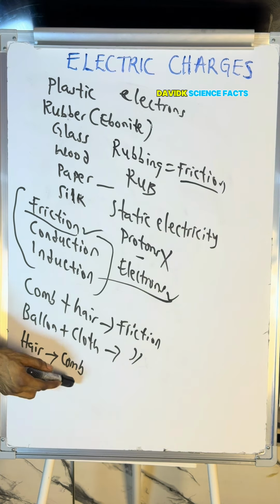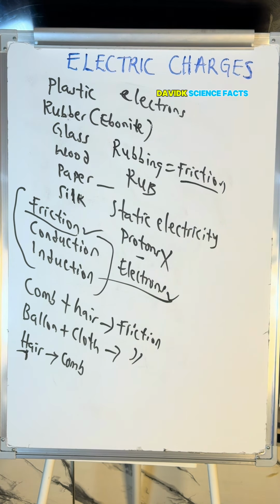Now, the comb gains electrons while the hair loses electrons. The comb becomes negatively charged while the hair becomes positively charged. Do you understand?